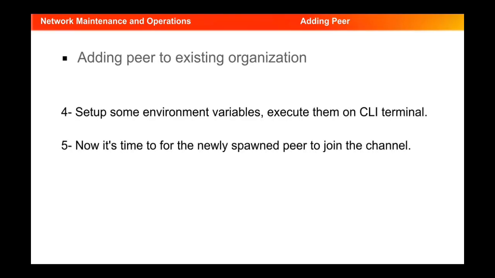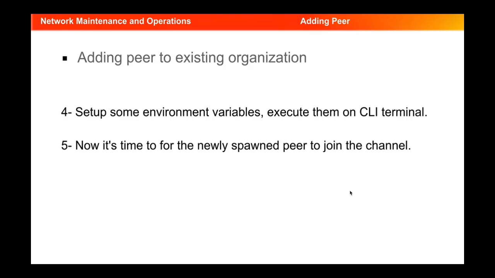Next, we need to set up some environment variables to execute commands on the CLI terminal. So we will see how we are going to set the environment variables to act as a different admin of a different organization when we get inside a CLI using Docker command. After that, we will join the peer to the channel.